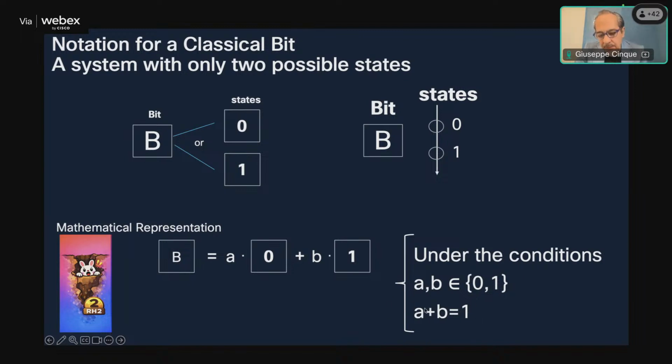If you think for a moment, this represents all the possible states, because if one is 0, the other should be 1, and vice versa. So you will have only these two states. This is a little bit of a mathematical trick that is not so useful for a classical binary bit, but it will be very useful for qubits. In the case of digital bits, that's the condition.